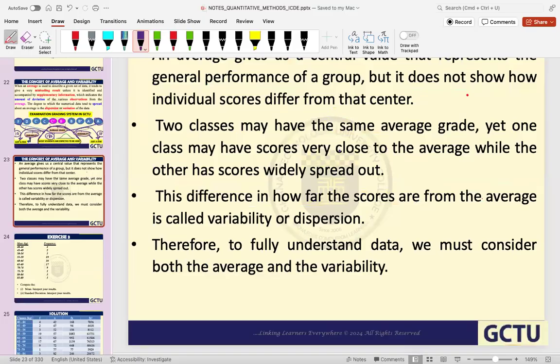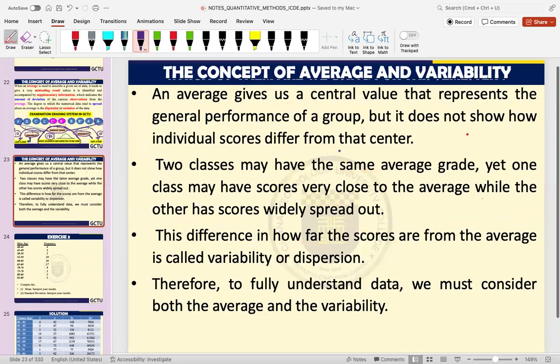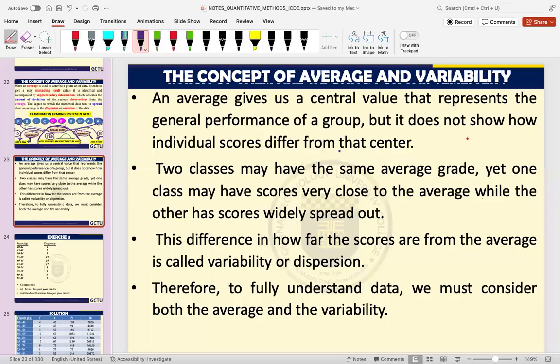Now, in conclusion to all I have said, these are the short highlights and summary I want you to always avert your mind to anytime it comes to average and variability.